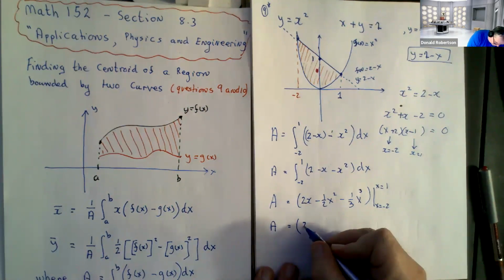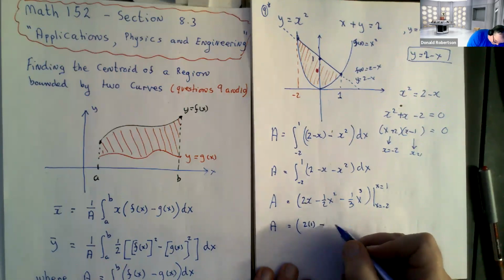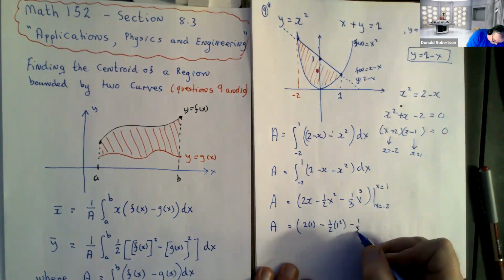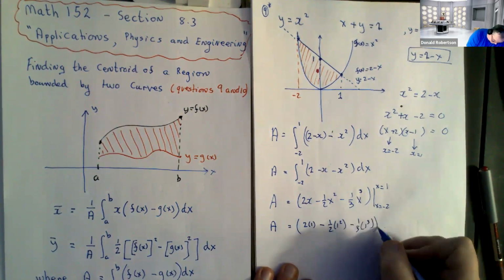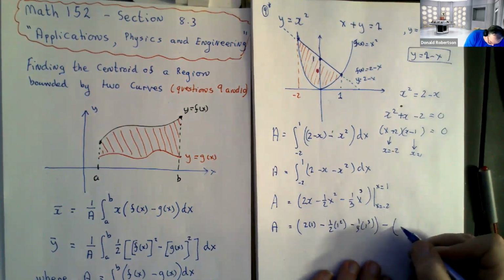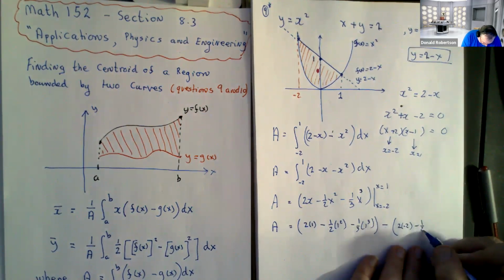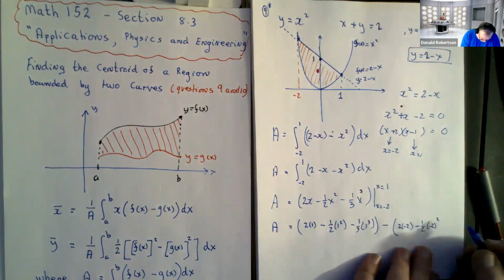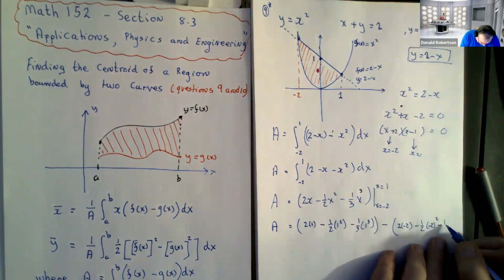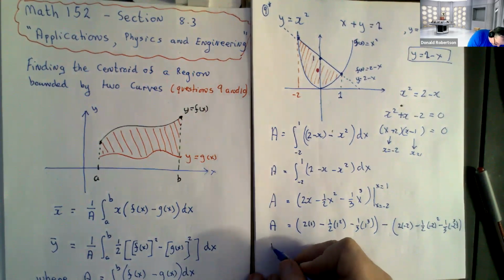So it's going to be 2 times 1 minus a half times 1 squared minus 1/3 times 1 cubed. Subtract 2 times -2 minus 1/2 times -2 squared, minus 1/3 times -2 cubed.